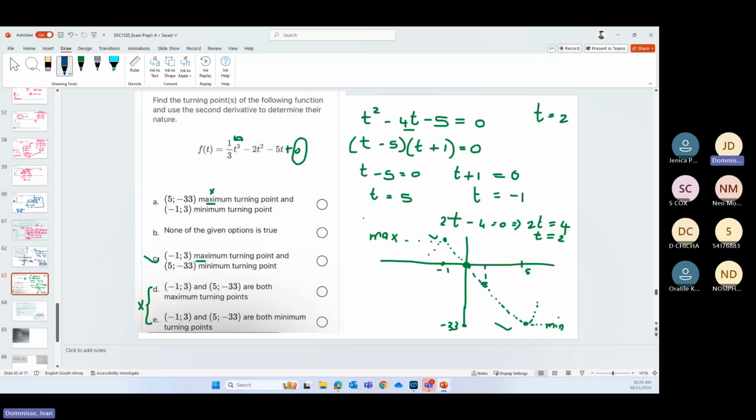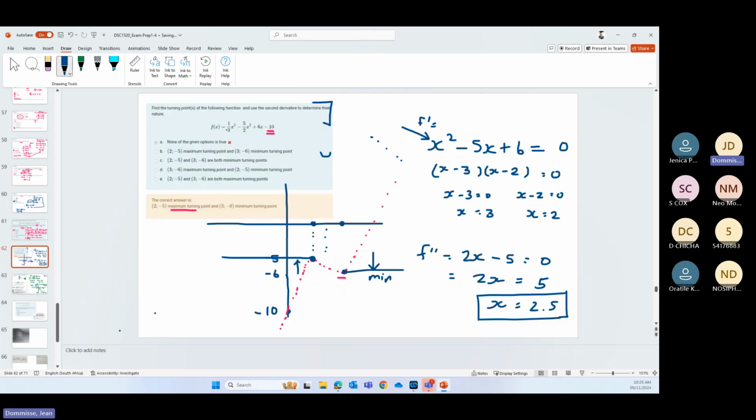So the one thing that one can always see, so when it's positive, nearly the first one is always a maximum. So you can see it with this graph, you can see it with this graph. So when it's positive before, it didn't matter where we were on the graph, that was still a maximum point.